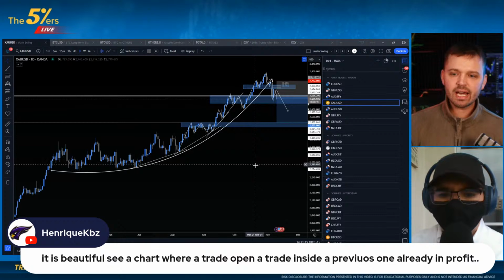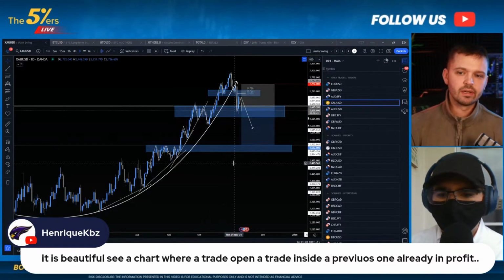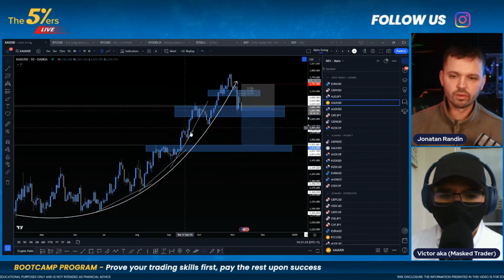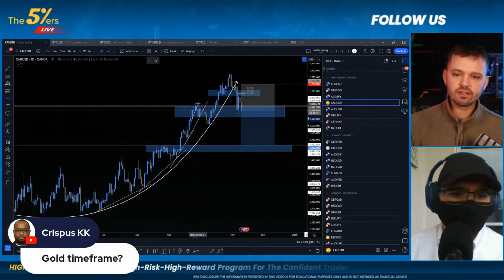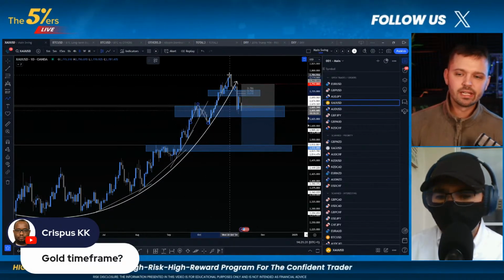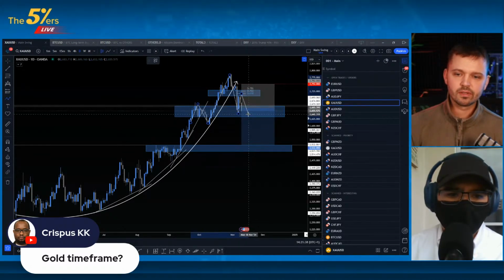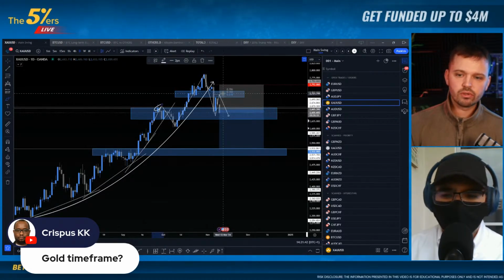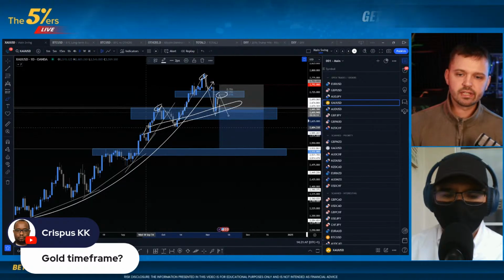And what I'm seeing now is a possible head and shoulders pattern. Actually, I'm seeing two head and shoulders, which is very interesting for gold. The first one is this one, where it's not a symmetrical head and shoulders, but I'm seeing it like this, where you have left shoulder, head, right shoulder, and an ascending trend line right here.